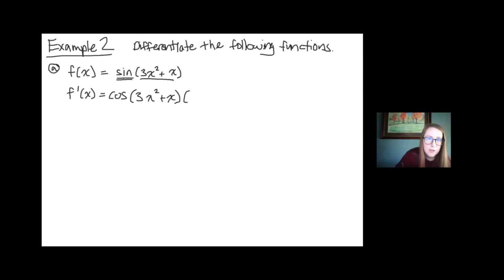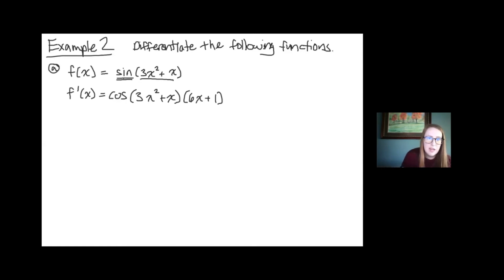So the derivative of 3x squared: bring the 2 down and it gets multiplied by the 3. So 6x to the first power, but we don't usually write that. Plus the derivative of x is 1. That's it. That's the derivative.